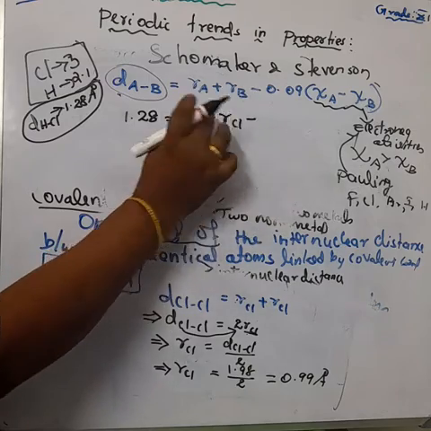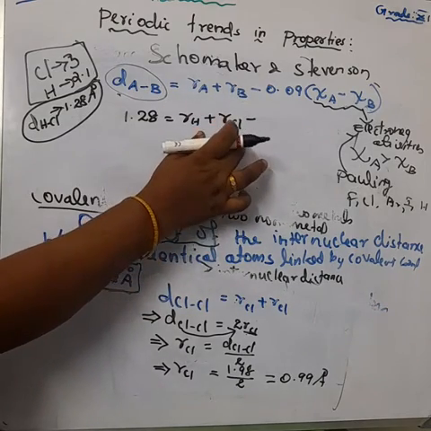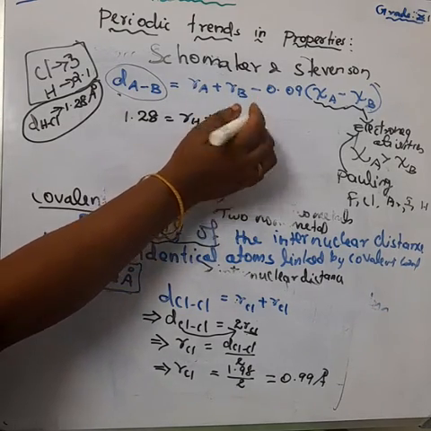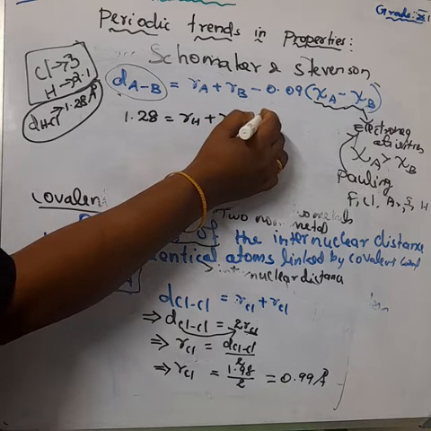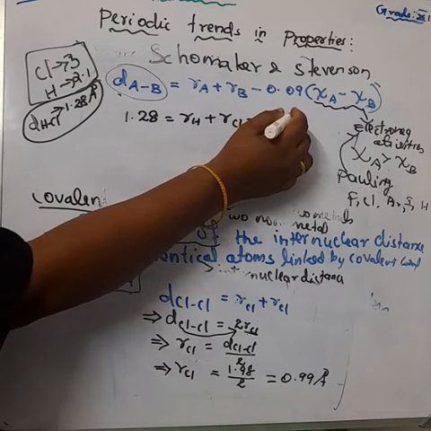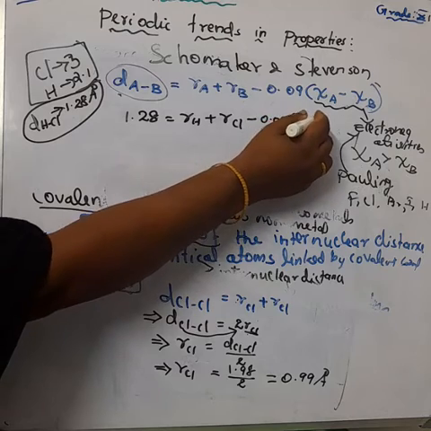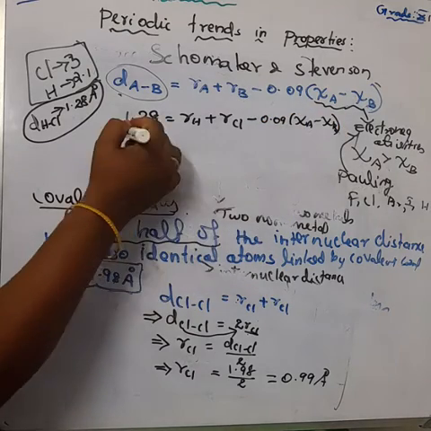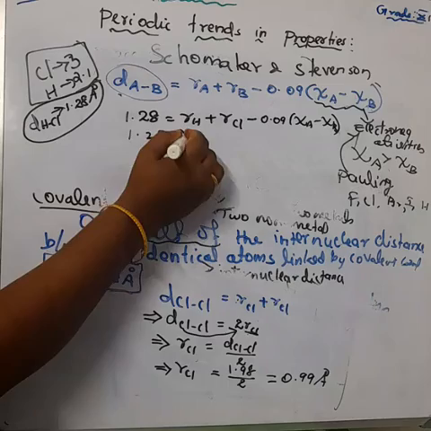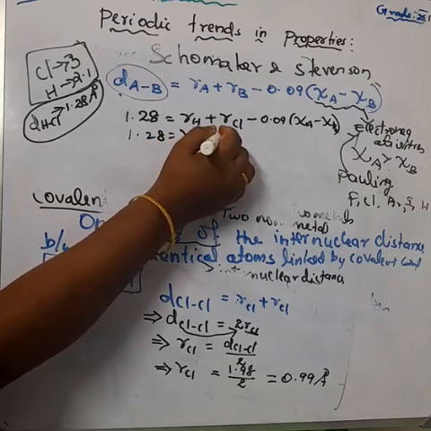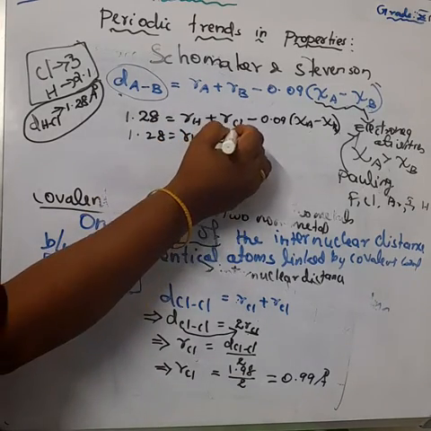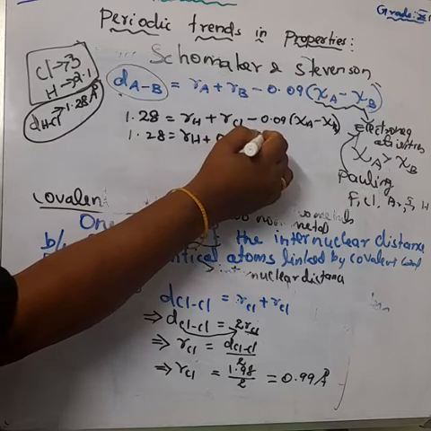The covalent radius of chlorine we already calculated, that is 0.99 Angstrom. So we have to calculate the covalent radius of the hydrogen atom. We are going to calculate it now.